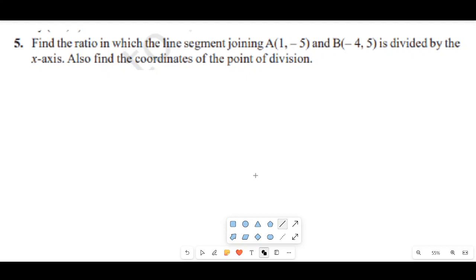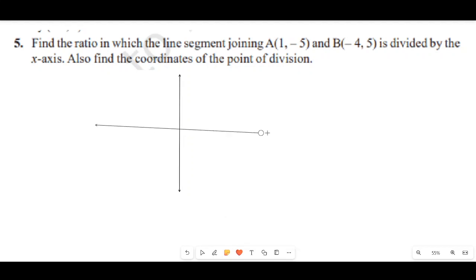Now we should draw a line first. This is a coordinate xy plane.